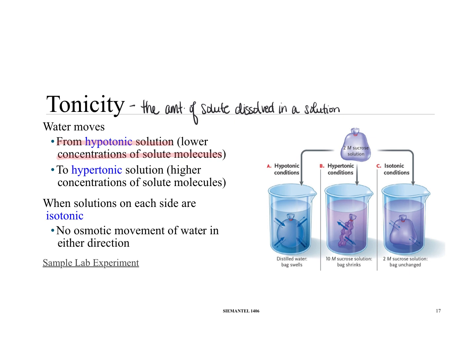So in hypotonic solutions, we have a small amount of solute, which normally means we have a larger amount of water. Then we have hypertonic solutions, which have higher amounts of solute concentration, so less pure water. And then lastly, we have isotonic solutions, which have equal amounts of both water and solute.